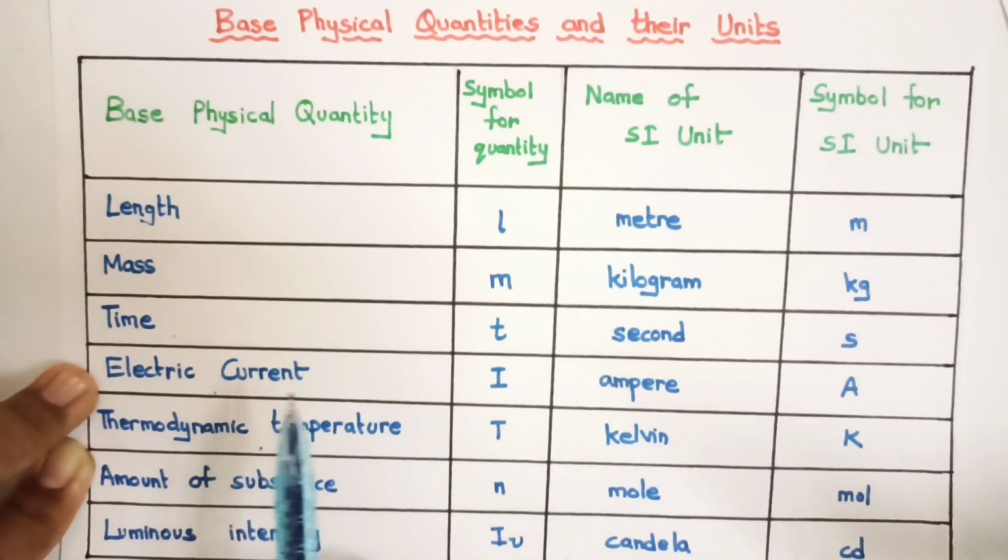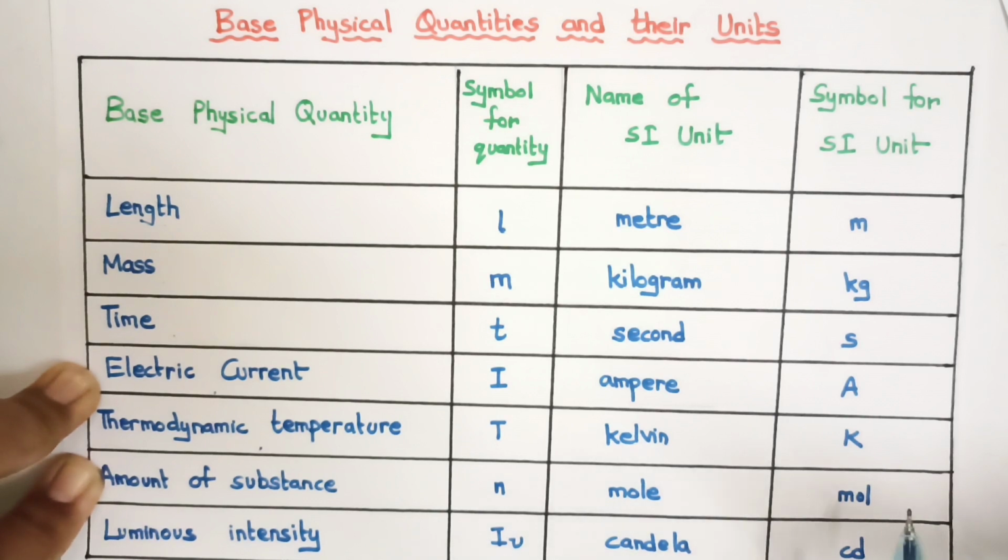The symbol for electric current is capital I and its SI unit is ampere. The symbol for thermodynamic temperature is capital T and its SI unit is Kelvin. The symbol for amount of substance is small n and its SI unit is mole. The symbol of luminous intensity is Iv and its SI unit is candela.